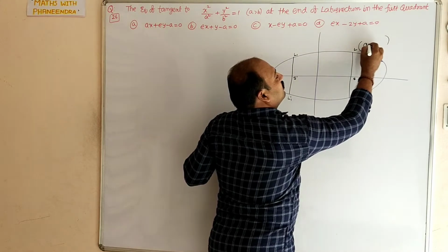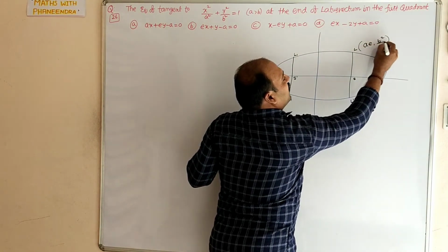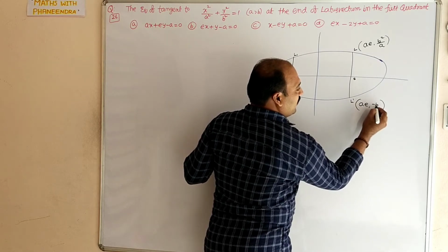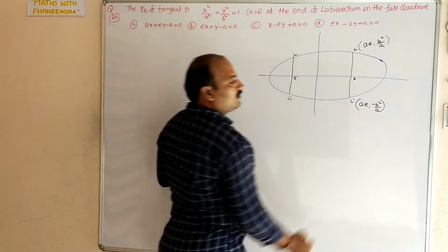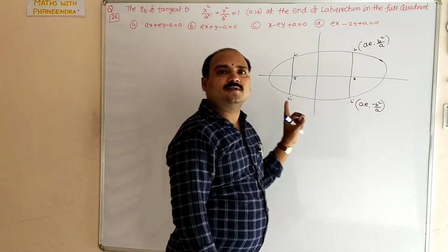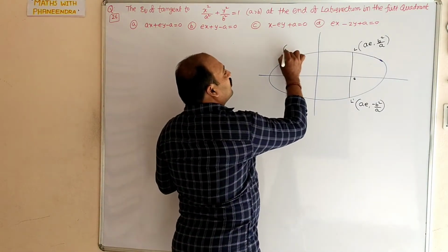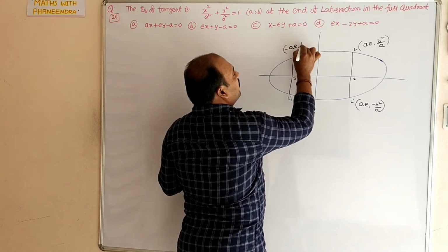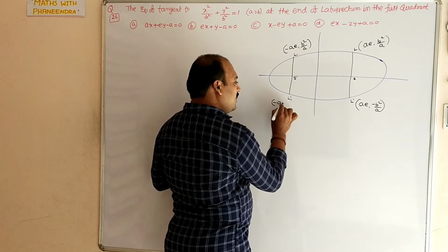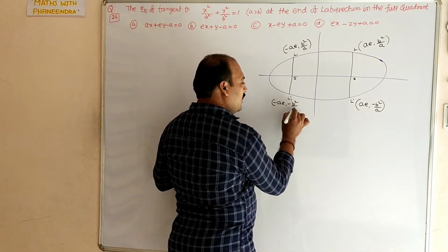First is (ae, b square by a), then (ae, minus b square by a). You have to remember these things. Here (minus ae, b square by a), and here (minus ae, minus b square by a).